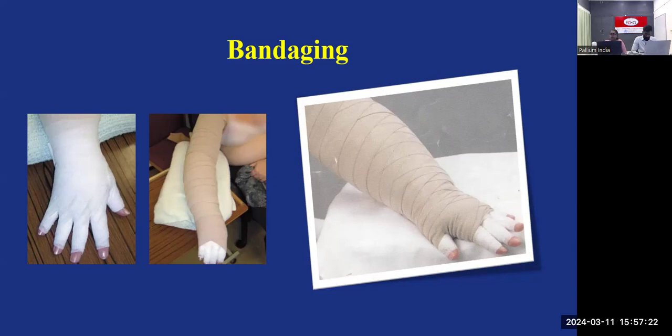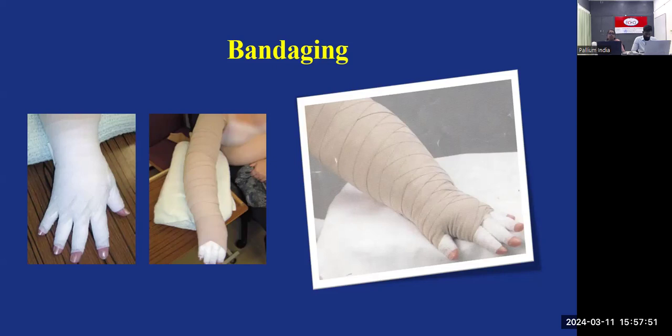This patient is coming with edema, and if you do multi-layer figure of eight bandaging initially, they will not be able to tolerate the pressure. They need to wear the bandaging for maybe 6 or 7 months.